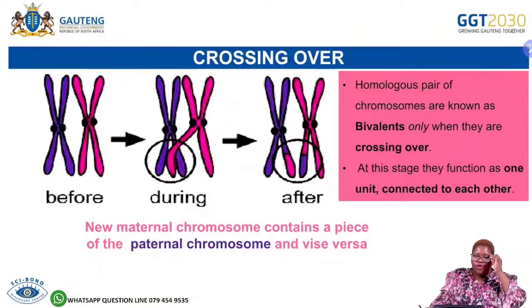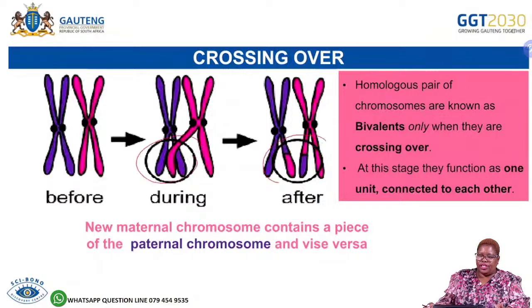Right? Again, if we look at crossing over, when it has taken place, I have explained all of these stages here. Now, homologous pairs of chromosomes are known as bivalents only when they are crossing over. Remember, we are talking about the homologous chromosomes. During crossing over, sister chromatids overlap, exchanging genetic material.